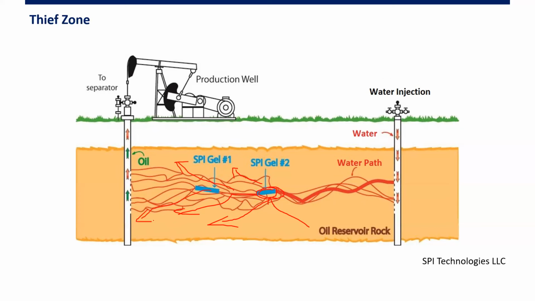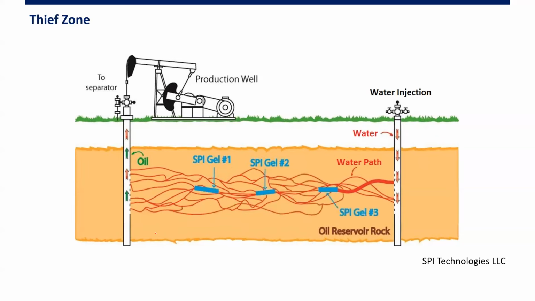You further improve the vertical sweep efficiency. So water now will no longer like to flow through this thief zone because it's now plugged. You have solid gel there. Now it's restrictive. It has high resistance. Other small channels give lower resistance, so water will flow through them.